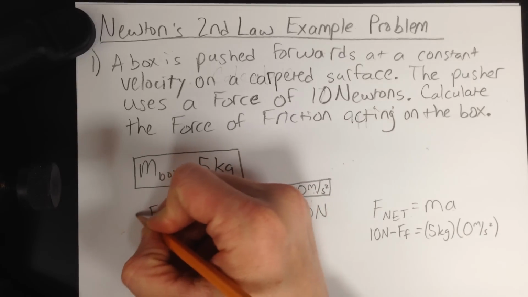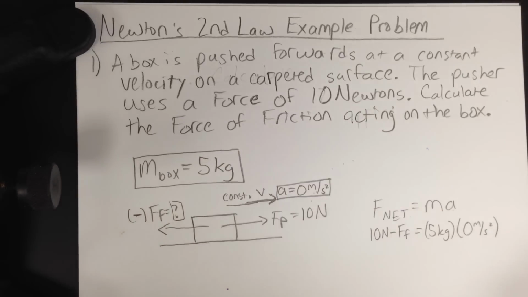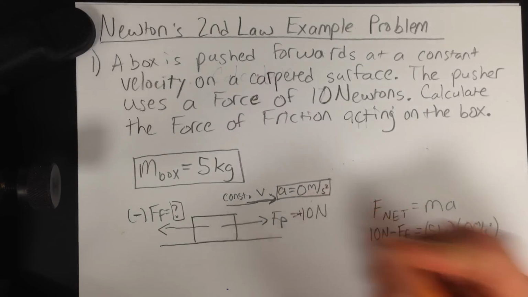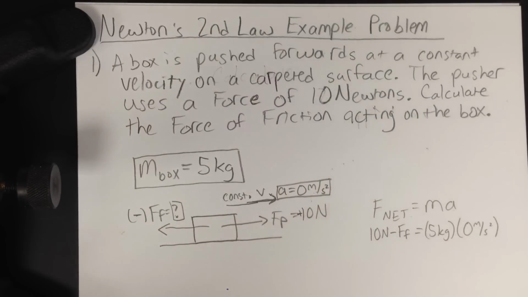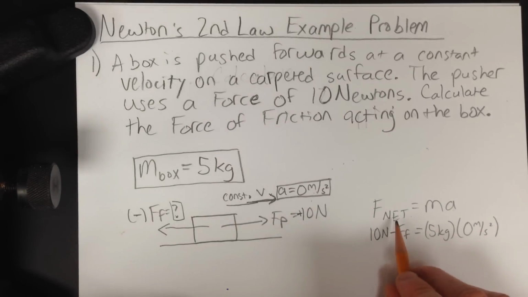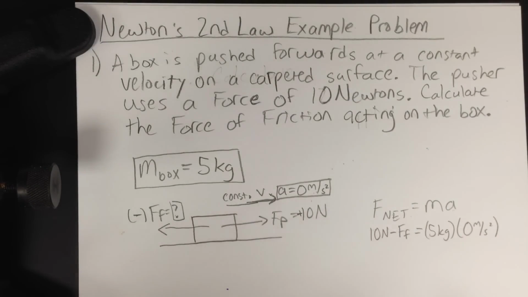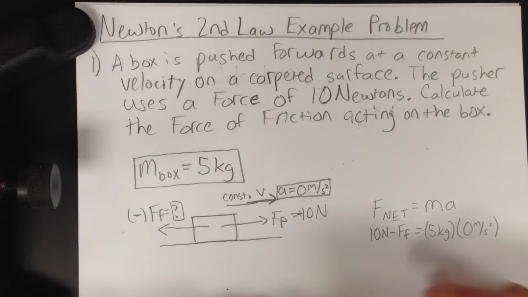Friction is a negative because it's acting opposite the way it's moving, while this would be a positive 10 newtons to the right in the direction it is moving. And this is what you're going to do every time. Instead of writing F net equals some number, you're just going to add up the forces, because what is a net force? It's the sum of all the forces. So you're going to always replace F net with some combination of forces that are on your diagram every time.